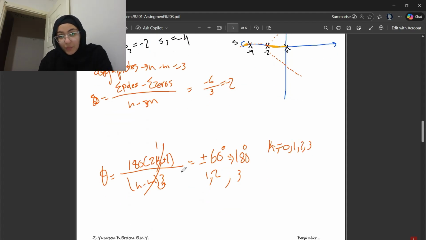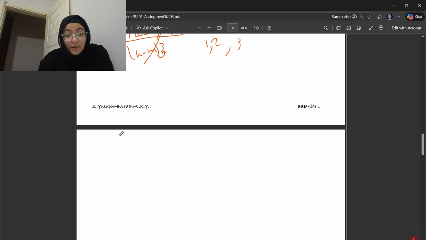How to find the breakaway and break-in points? We need the characteristic equation.